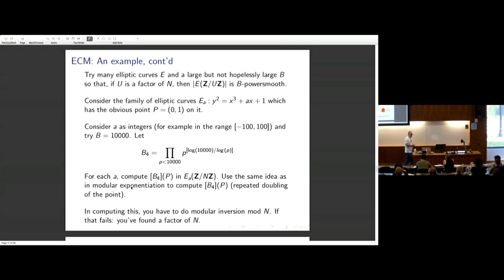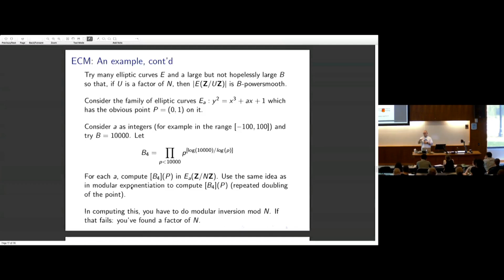And actually, when I first wrote this, I wrote a little program to do this in Python, I knew I'd factored the number when my Euclidean algorithm inversion crashed. The sign that I had found a factor was that I got an exception, arithmetic error, because in the addition formulas, the slope of the line is y1 minus y2 over x1 minus x2 mod n.